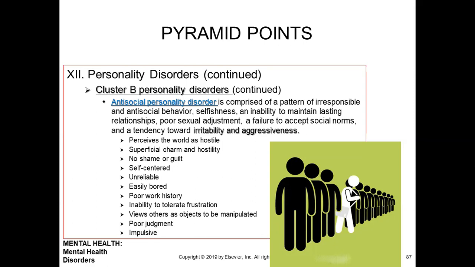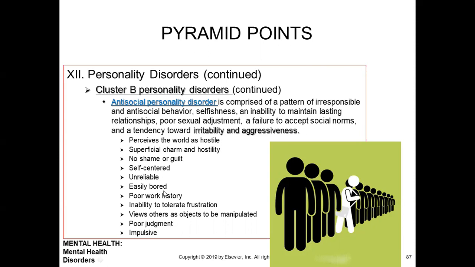superficial charm or hostility, no shame or guilt, unreliable, easily bored, poor work history. So when you take the history, you can see their professional life is very poor. Their sexual adjustment is very poor. The relationships are not lasting.